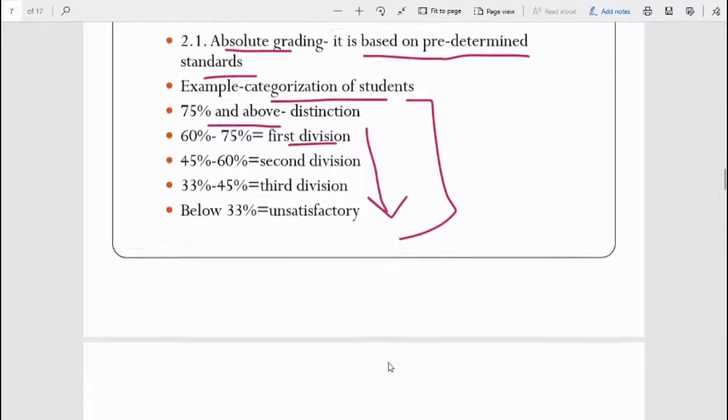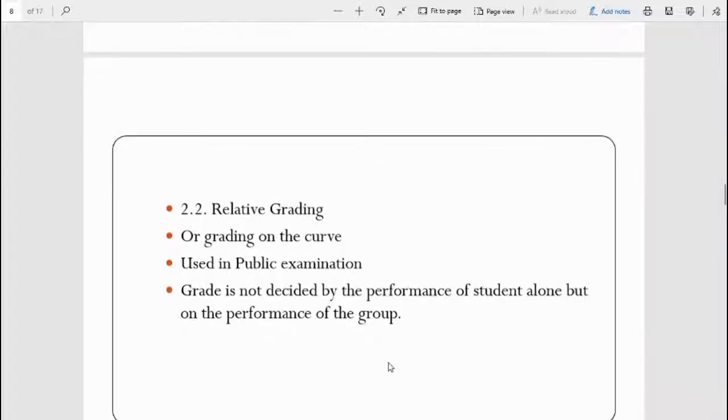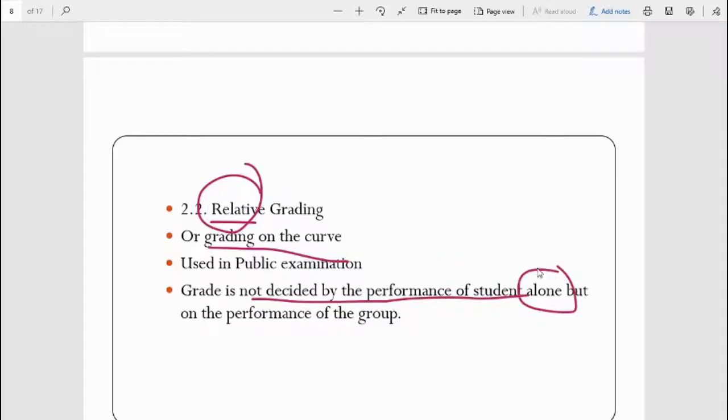Next we have relative grading. It is also known as grading on the curve, and because it is called relative, that means when grading is done, it is done against someone or some group. So in this, the grade is not decided by the performance of the student alone. Why not alone? Because it has to be related to someone, but on the performance of the group.